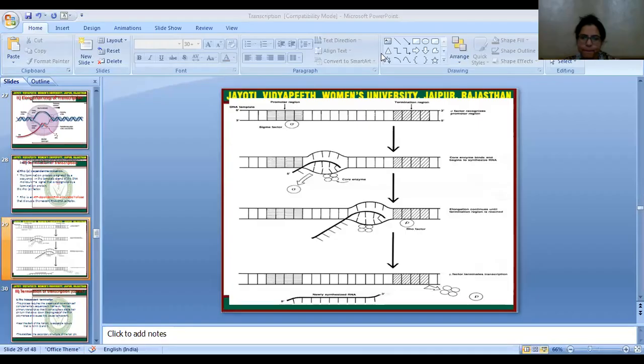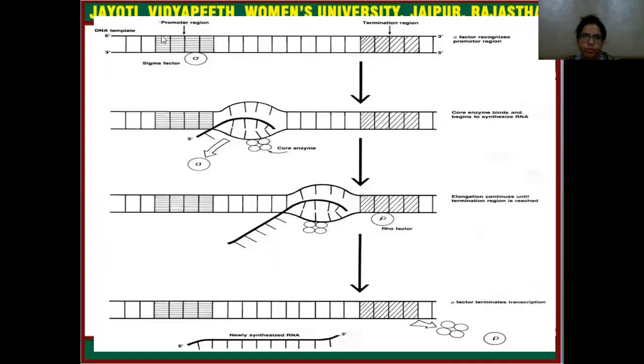Here you can understand the rho factor dependent termination process. You can simply see this is the sigma factor, the initiation factor, attached to the promoter region, and then the transcription process occurs.